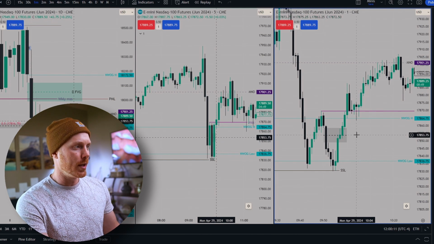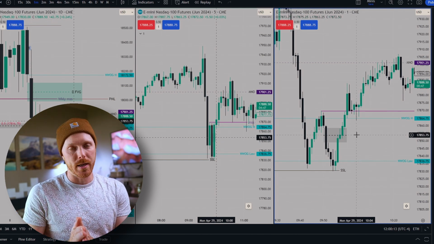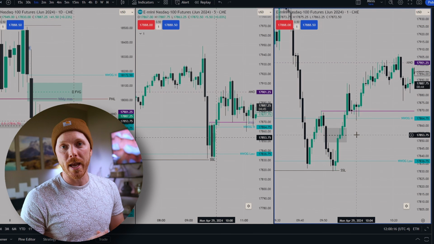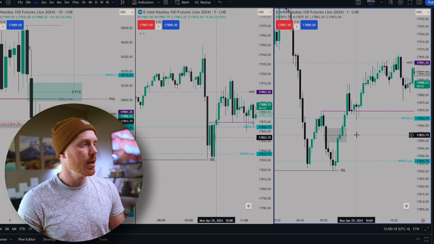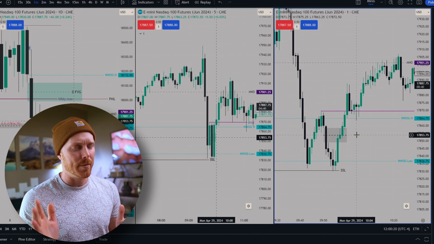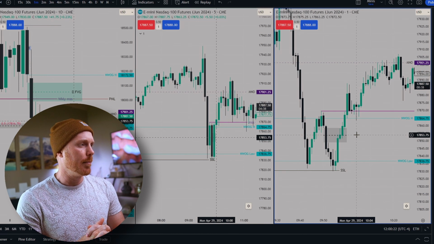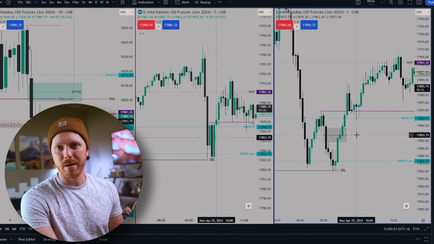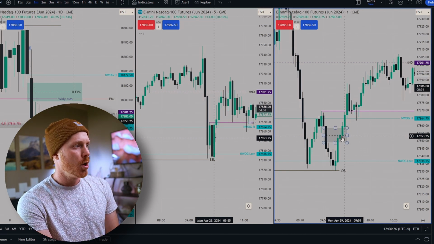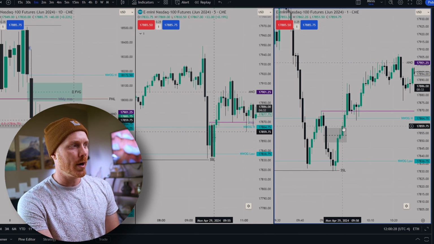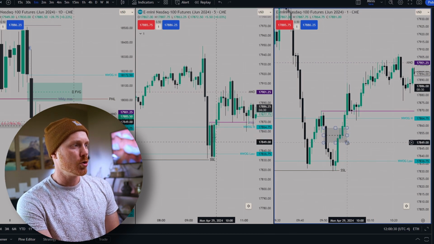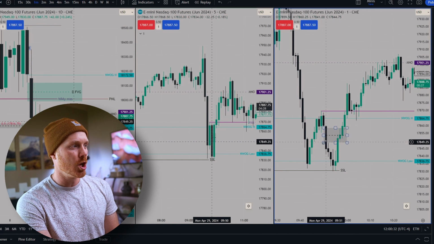And the rule is, which I got my rules, I will be completely honest, I got them from Ryan, who is DD Dodgy, I hope I said that right. I feel bad if I didn't. Where he talks about it on his YouTube channel and all over the place, where his rules are once we break that high, we will stay in the trade as long as price does not close below the high of this candle, which is what forms the low of this fair value gap.